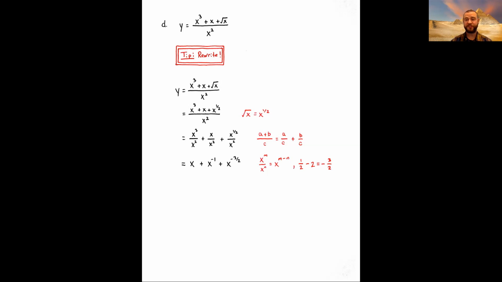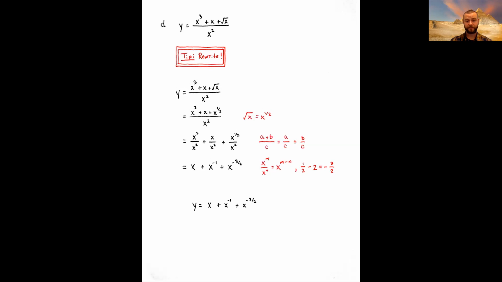It's an expression that's a sum of powers of x. One of the powers is negative, and one of the powers is a fraction. But the power rule differentiates them nonetheless. So here, most of the work is rewriting this function. It was all just a bunch of algebra, and now we can basically apply the power rule.